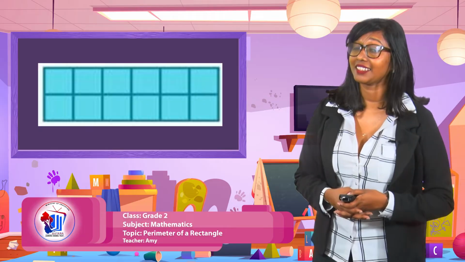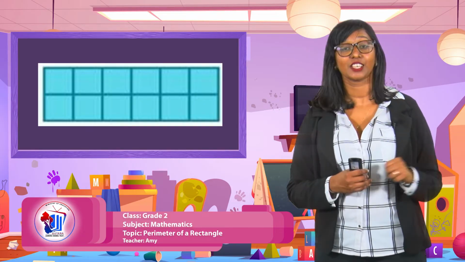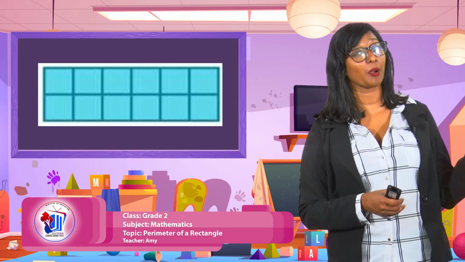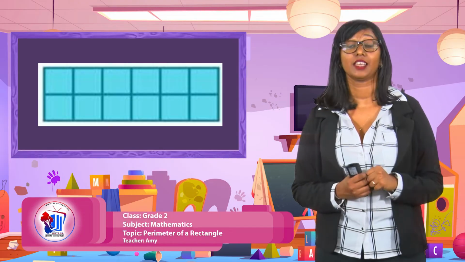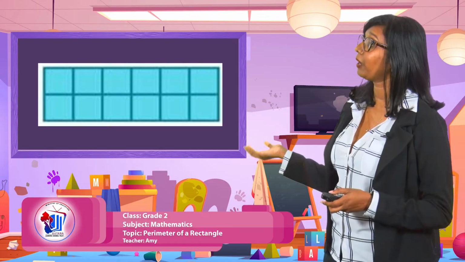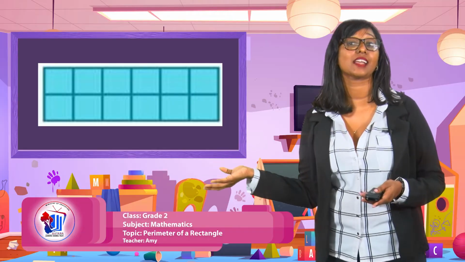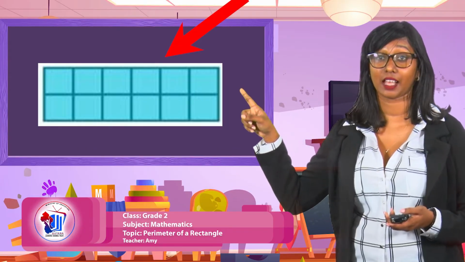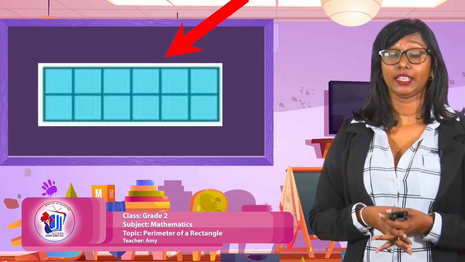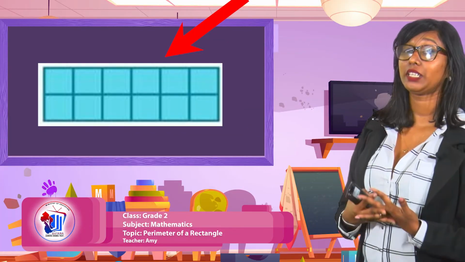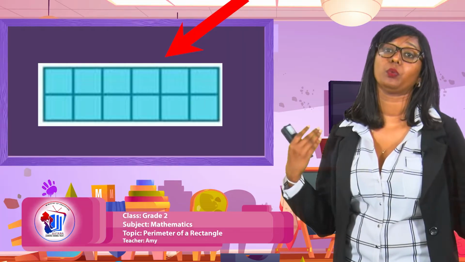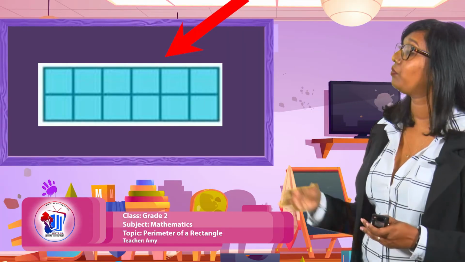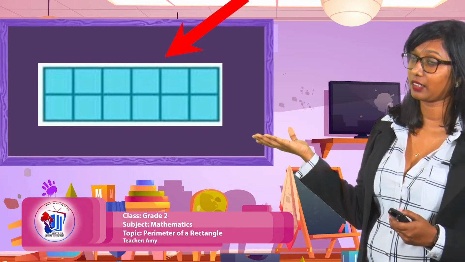Now a rectangle has 4 sides, so therefore we need 4 numbers or 4 measurements in order for us to find the perimeter for this rectangle. So we start with this side of the rectangle. They did not give us a number, so we need to find the measurement for this side of the rectangle.